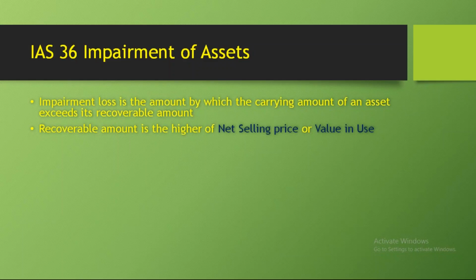The higher of the two figures is the recoverable amount. Say the recoverable amount is 80 million, the higher of the net selling price or value in use. The carrying value of the asset is 85 million. 5 million needs to be immediately written off to the P&L according to the IAS.